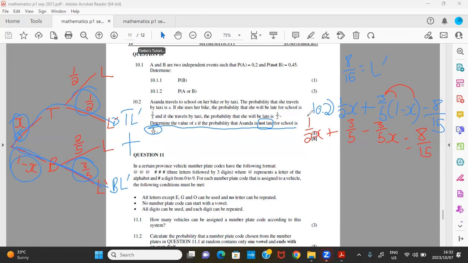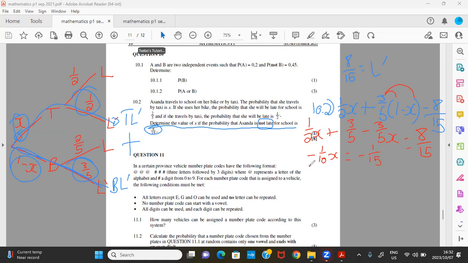Now, what is half x minus 3/5x? Please punch it in your calculators. We'll have minus 1/10x. And then 8/15 minus 3/5 is minus 1/15.